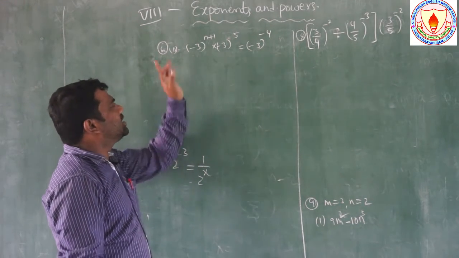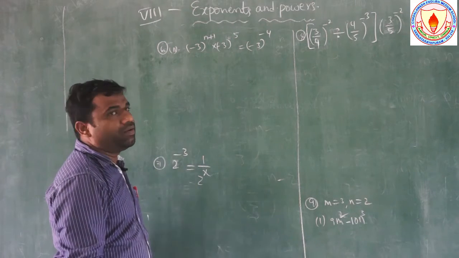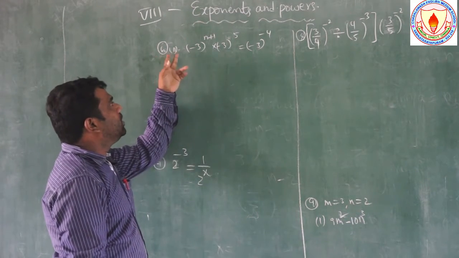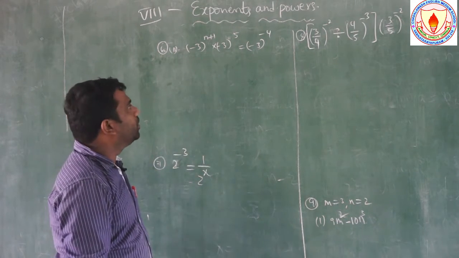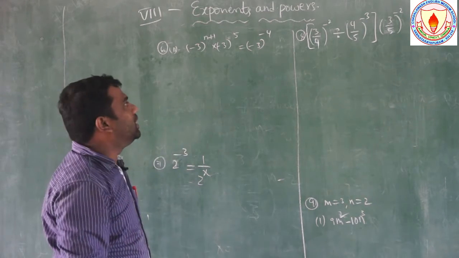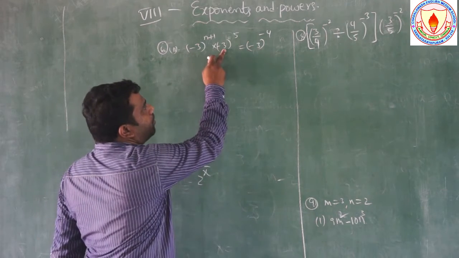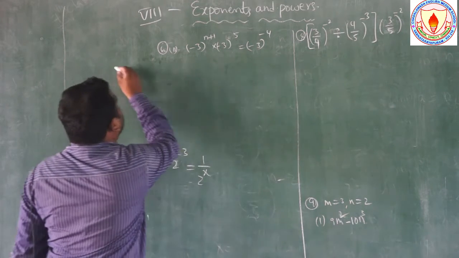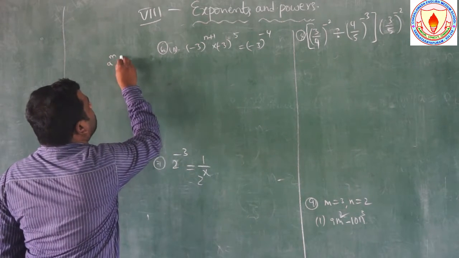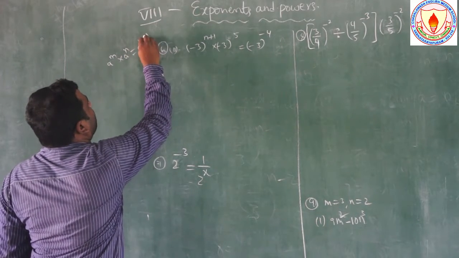See, the 6th second problem, first exercise from exponents and powers. What is the n value? Here it is asking what is the n value. So bases are same, powers should be added. A power m into a power n is equals to a power m plus n.